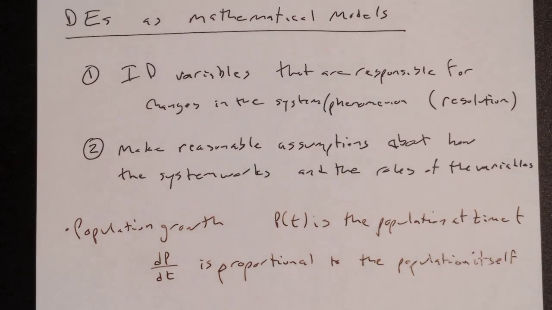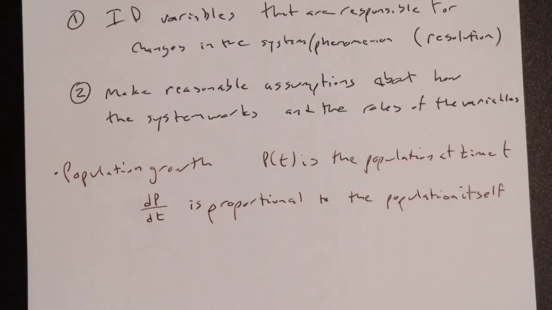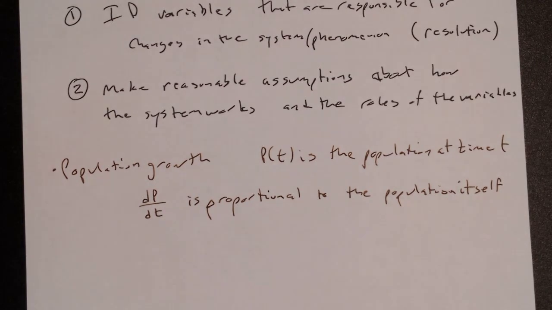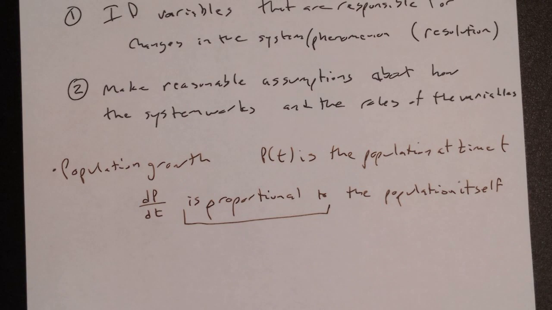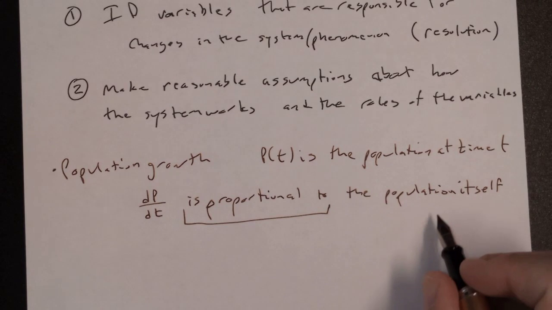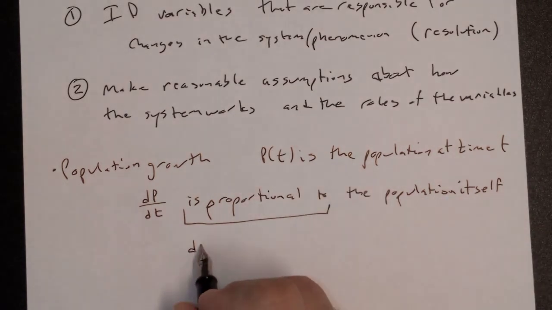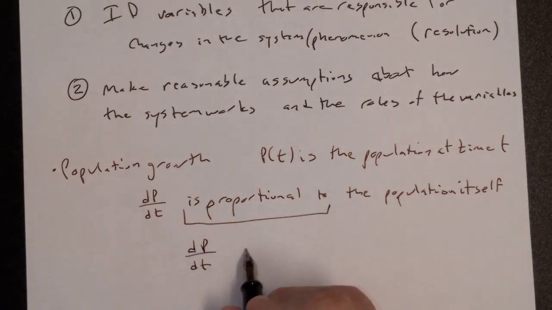Big populations have bigger changes than small populations. We will often see this phrase replaced by an alpha being used like an equals sign. So if the population itself is P of t, we can see this written like this.